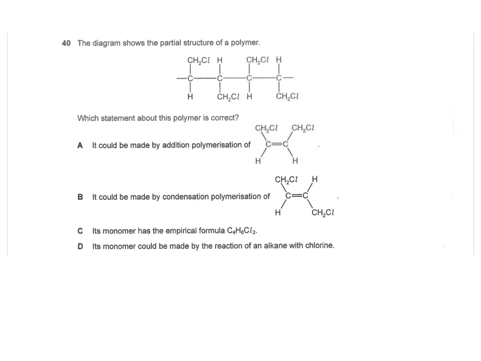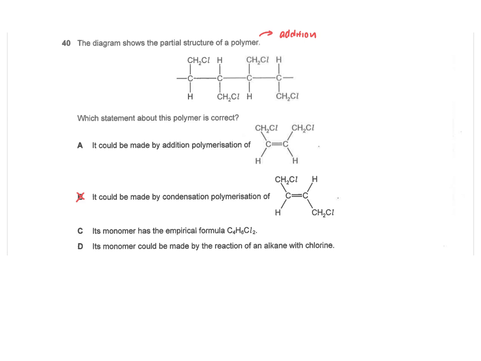Question 40 is a polymer question, and in the question we are given the structure of a section of a polymer. From the structure, we should be able to tell that the polymer is an addition polymer. Why? Because there are no amide linkages and no ester linkages, so it must be an addition polymer. So B is wrong. Next, for this question, it's easier to solve by elimination rather than to find the correct answer.